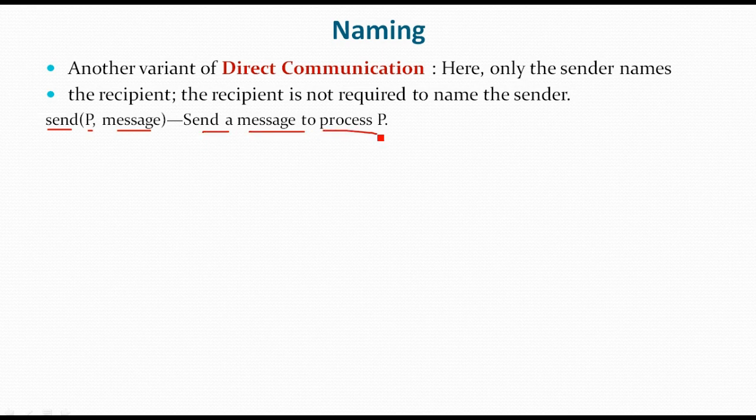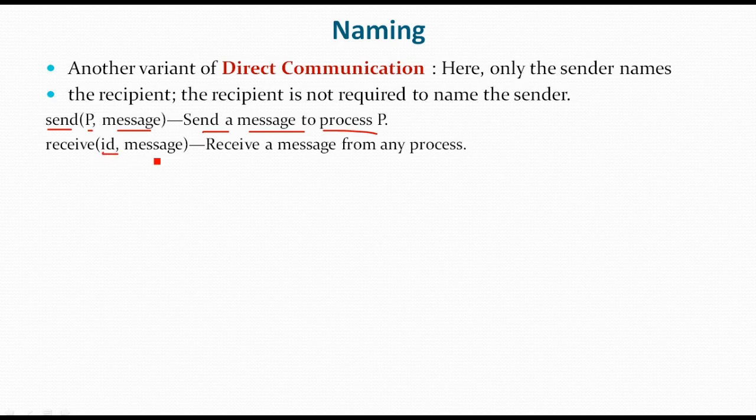But if you see this receive operation, we have not mentioned any receiver name, means we have not mentioned here a receiver receiving a message. We have only ID, we don't have Q here. So Q is the sender, but instead of writing the sender name explicitly, we are writing ID, means receive a message from any process.